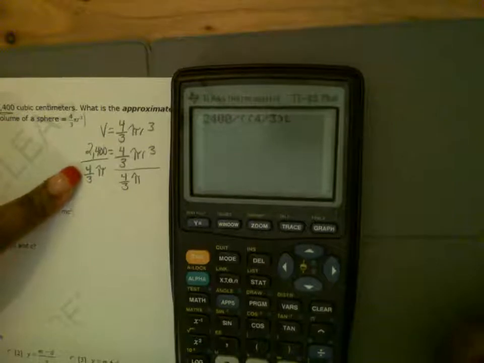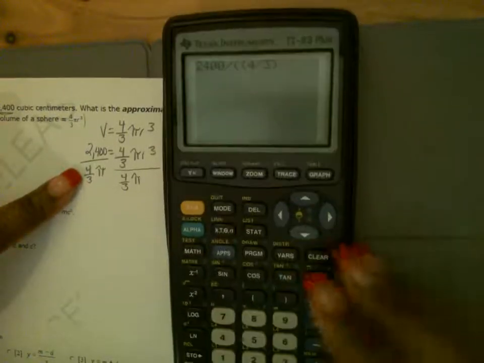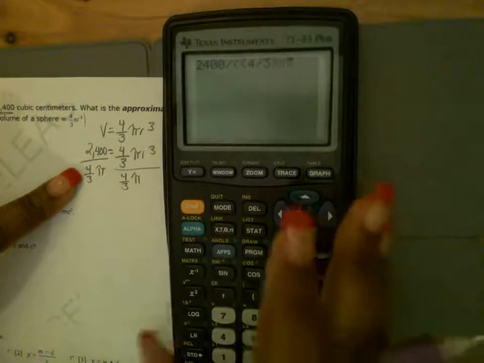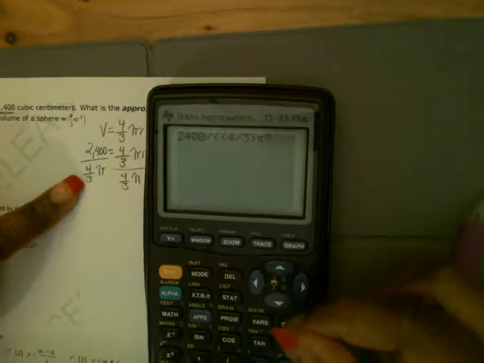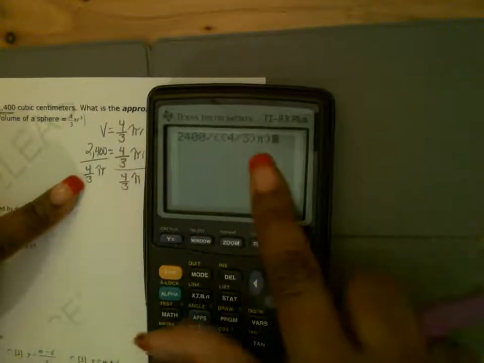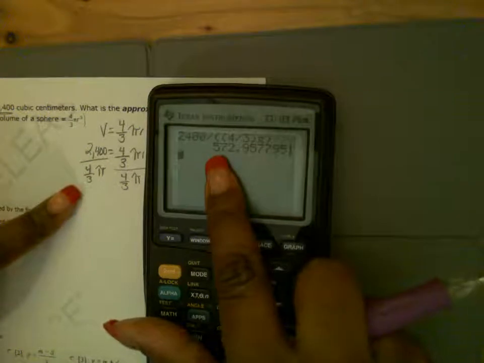And then times, or just put pi. Look, second pi is right here, the second caret key. You see how I did that second caret key? And then close this parentheses up. All right. And look at what this gives me.